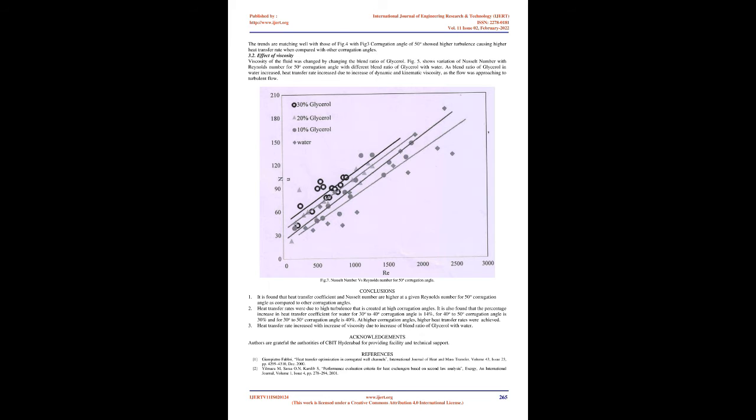2. Materials and methods. The experimental setup is fabricated using stainless steel material to prevent corrosion during conduction of the experiments. The primary component of the experimental setup is a corrugated plate heat exchanger, PHE, with 30, 40, and 50 degree corrugation angles.